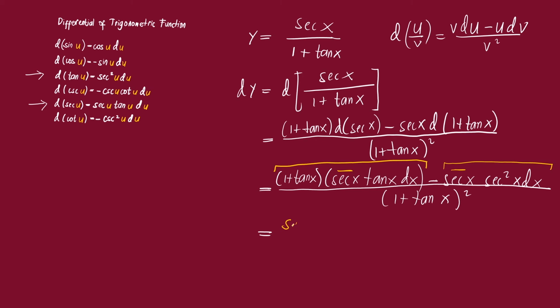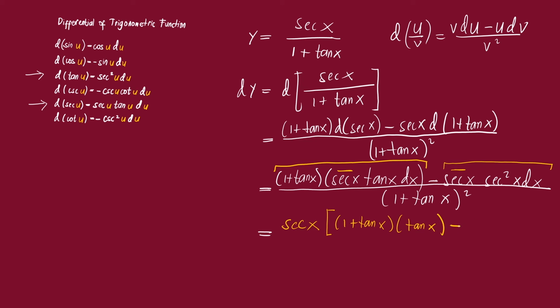So this will be secant x, then you have 1 plus tangent x. I'll just copy 1 plus tangent x. Then what remains is tangent x. You have here tangent x. I'll factor out dx also, but I'll put it at the end of your answer.